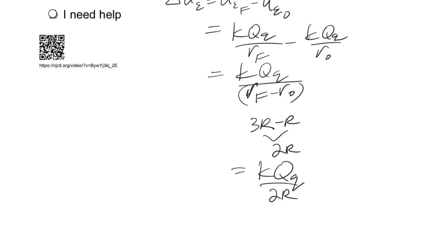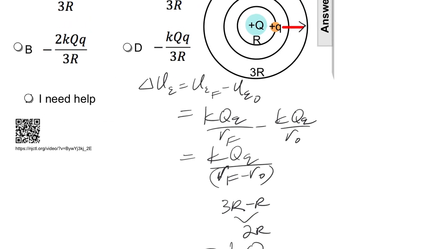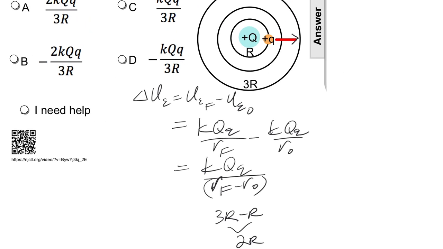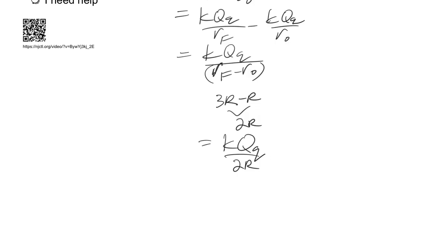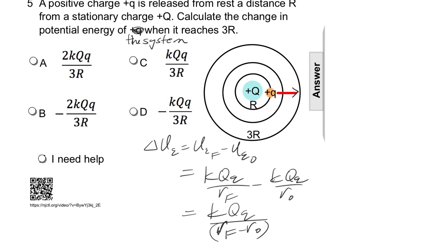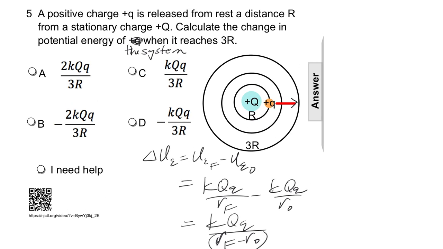Now, it decreased because these are like charges. It decreased when you get two like charges further away. So I'd have to put a negative on that. So all these answers are wrong. So all these have to have a 2 there. They made a mistake.